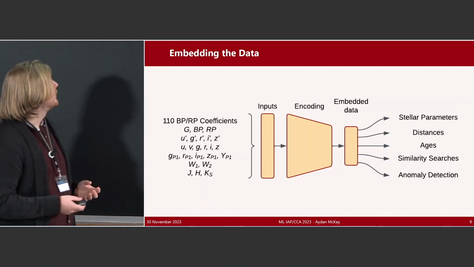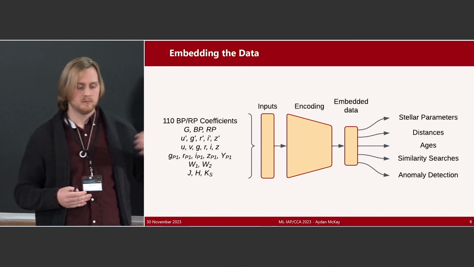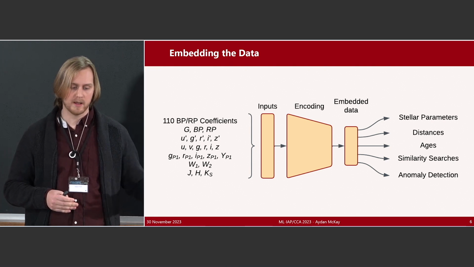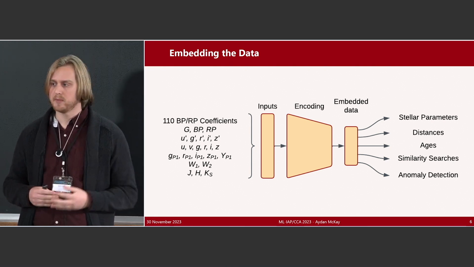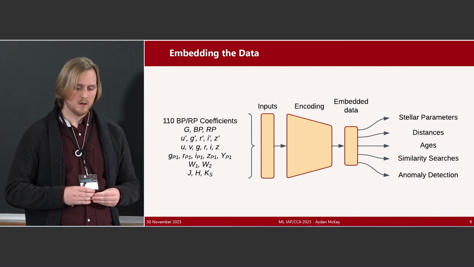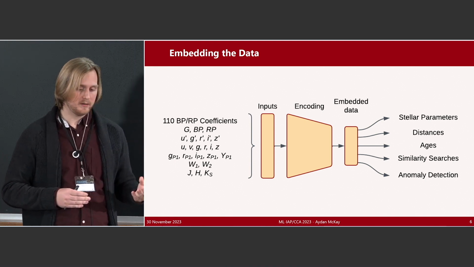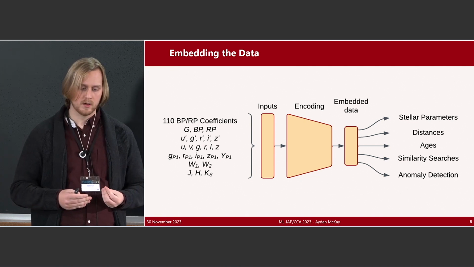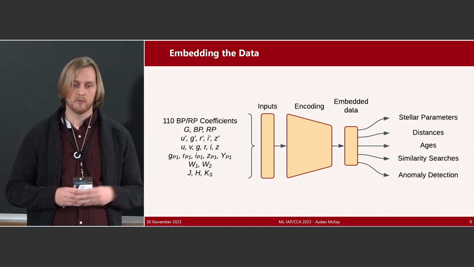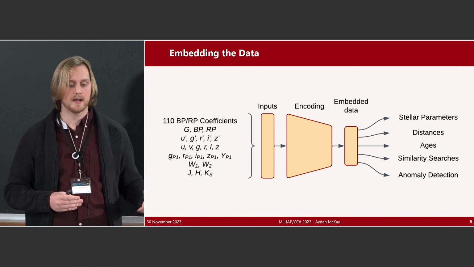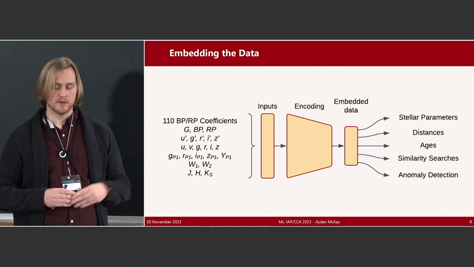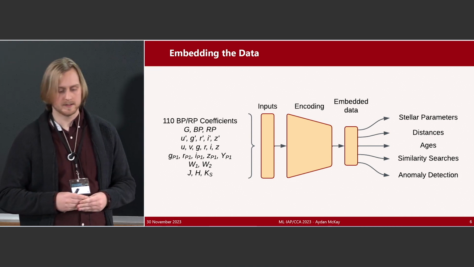We're looking for a model that will take in all these BP/RP coefficients, as well as photometry in multiple bands, and encode them into this embedded dimension. This embedded dimension will be more informative than any of these coefficients or magnitudes by themselves, and will help us do downstream tasks, such as deriving stellar parameters or deriving distances using Gaia parallaxes.